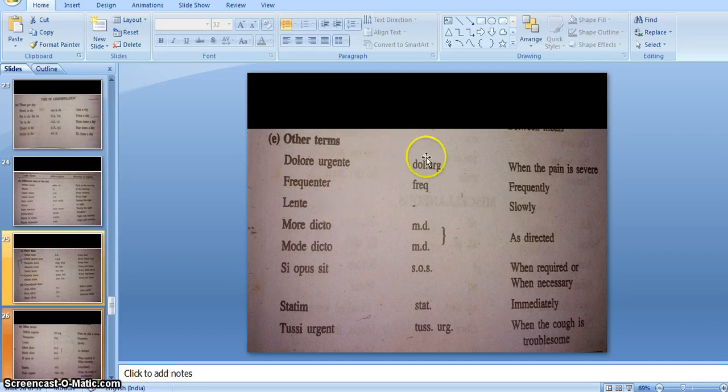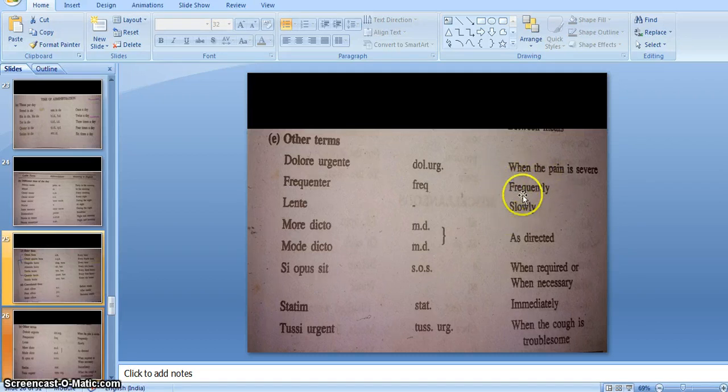Other terms, right? Dolore urgente, that is when the pain is severe, means a painkiller should be taken when that particular patient feels severe pain. Then frequenter, that is frequently, means not continuously, whenever you feel that particular problem.